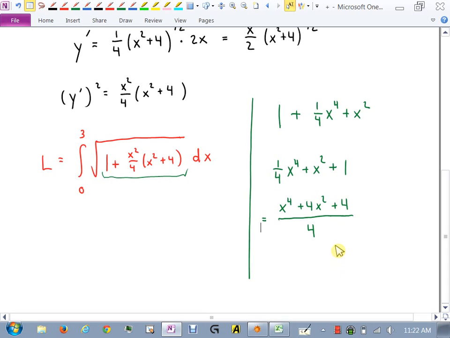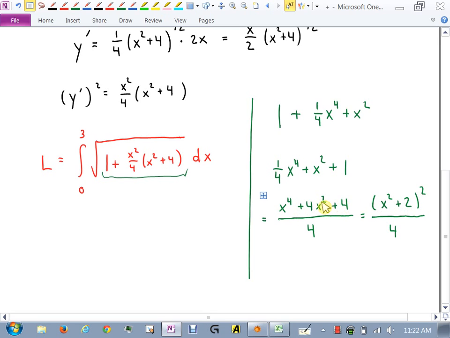By writing it that way, can you see something up here? What is this? It's x squared plus 2 quantity squared.